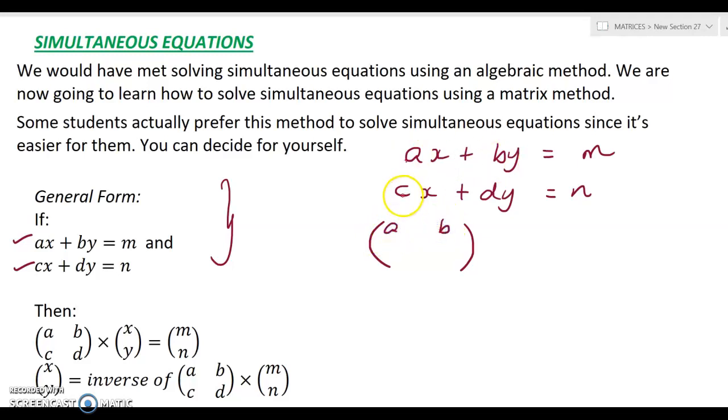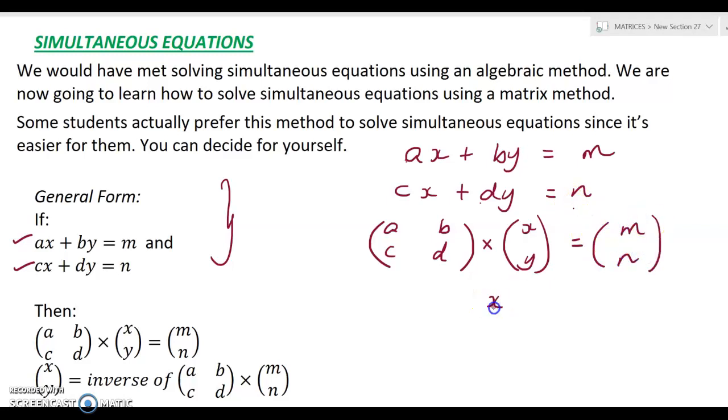And then for the second equation, we have c and d before the x and the y. So that there is my 2 by 2 matrix. Then we always multiply by the letters we want to find, which is x and y. We want to work out what x and y are, right? And then that is always equal to the two numbers at the end on the right hand side, which would be m and n.